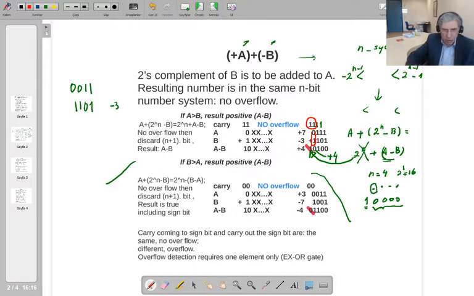The absolute value of this is bigger than this. So that's plus 3, and minus 7, so that is plus 7. To find the minus 7, we're going to get the complement of it.